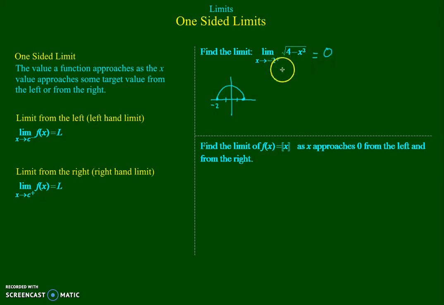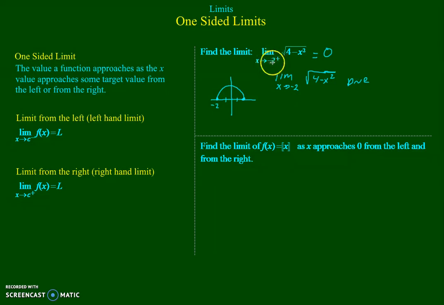Now notice, had we said the limit as x approaches -2 of this function, we would have had to say that this does not exist. And the reason is that in this case we wouldn't be doing a one-sided limit, and this function is not defined to the left of -2, so we couldn't evaluate this left side.